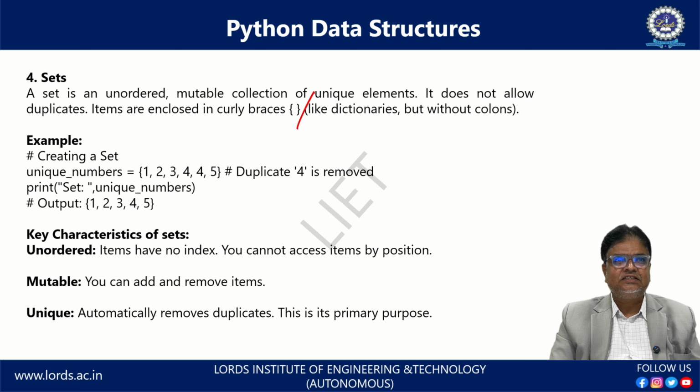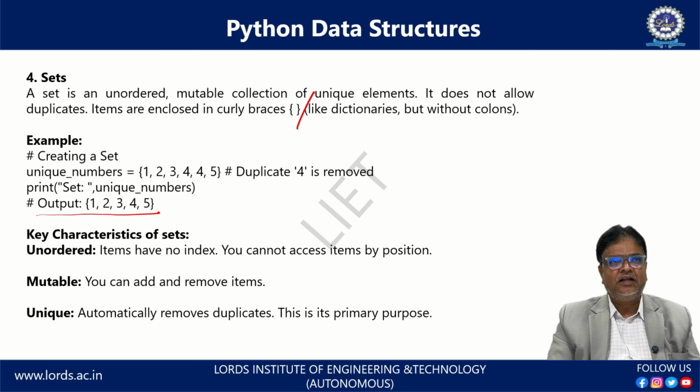For example, creating a set of unique numbers: here you can see the elements 1, 2, 3, 4, where 4 is repeated two times. But when you create it, the duplicate will be removed. The 4 will be removed, and the output will be like this. We will see the practical implementation in the example.